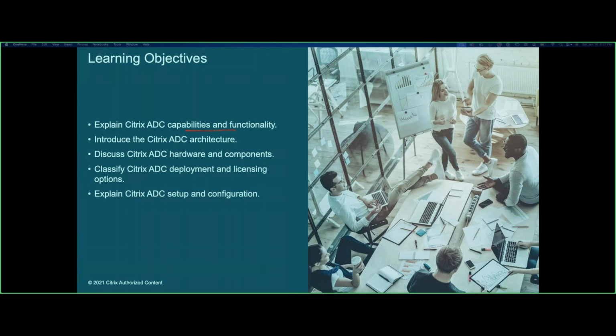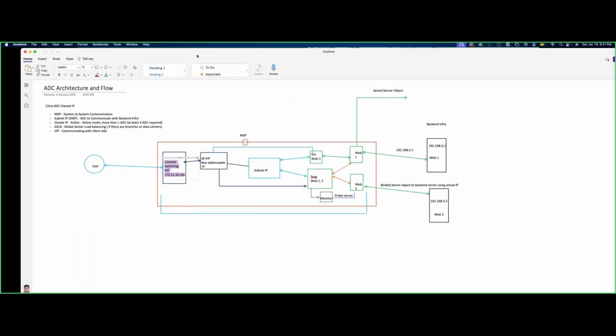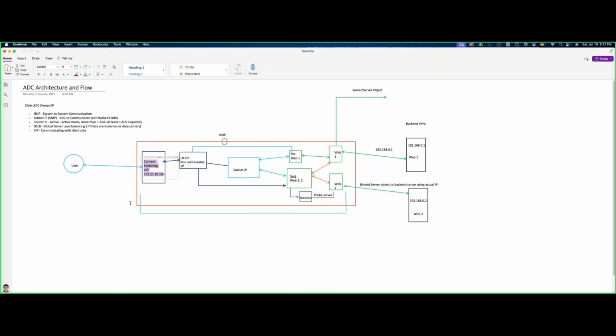Okay, so I will tell you the whole flow here. This is what I have as my notes. There are certain things that you need to understand with the ADC.